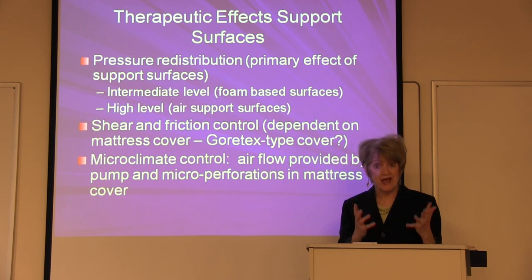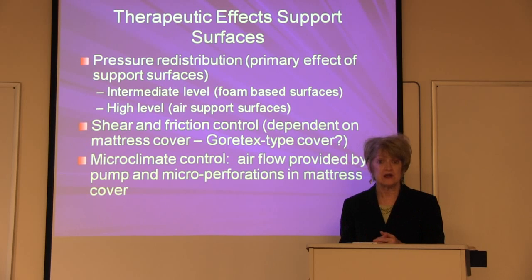And you want to match your surface to the patient. So let's go back to our earlier example. A lot of your patients will come in, they don't have major problems with diaphoresis or incontinence. They may not have major problems with sliding down in bed. Maybe the primary thing they need is pressure redistribution. And your existing mattress provides mid-level pressure redistribution, so you put them on that device.